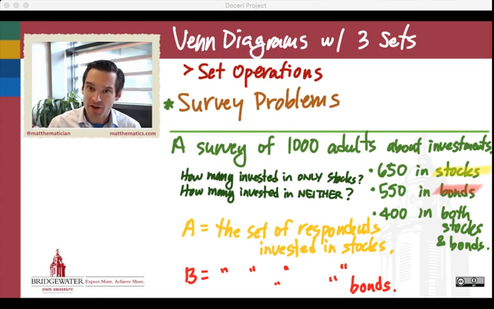The same is true for variables later on, right? When variables represent real things, then it's really handy to use meaningful names to name them. That way it makes it easier on your brain to understand what you're doing with those variables later on. So instead of using A and B, let me use S and B. S is the set of respondents that are invested in stocks. B is the set of respondents invested in bonds. And so what we want to do then is make a Venn diagram with those two sets.